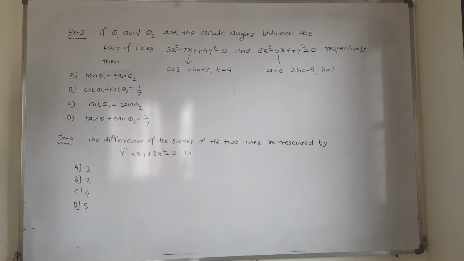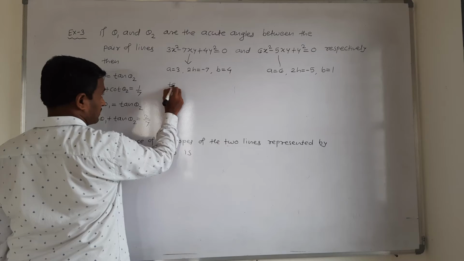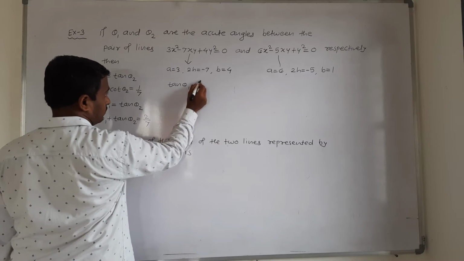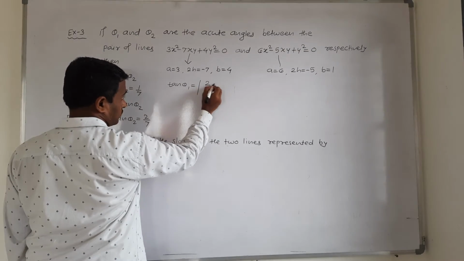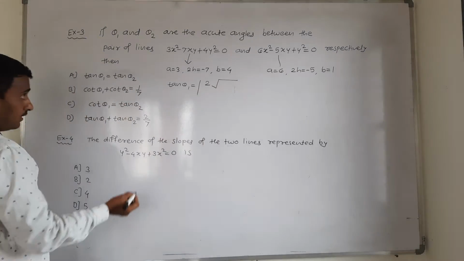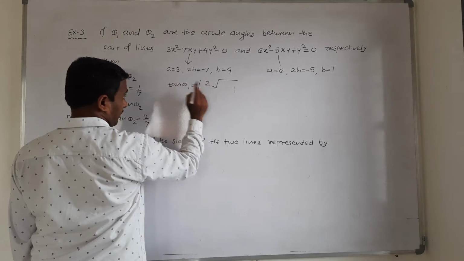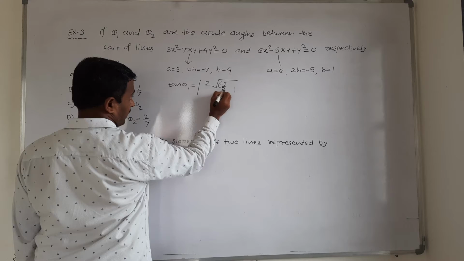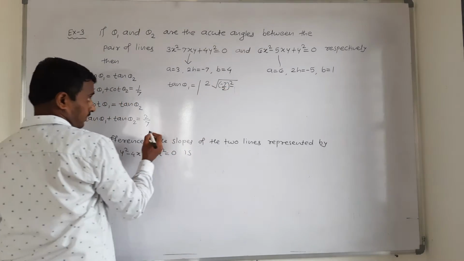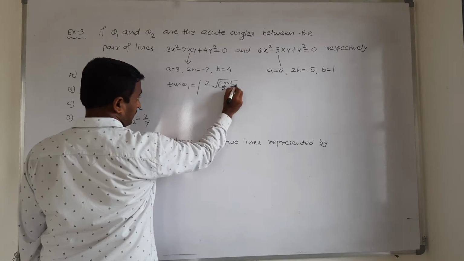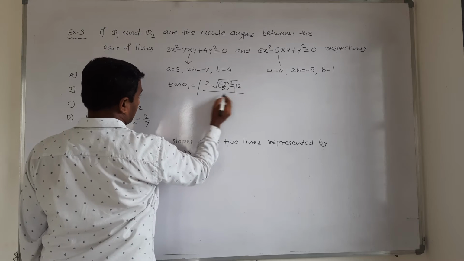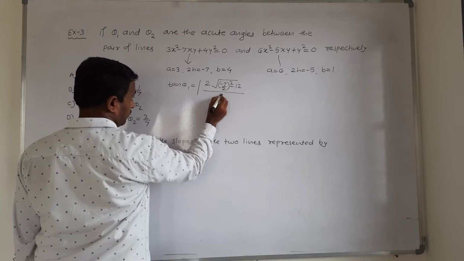This is just comparison. Now for the first, tan θ1 = 2√(h² − ab) divided by (a + b). Here h = −7/2, so h² = 49/4, ab = 4 × 3 = 12, and a + b = 3 + 4 = 7.